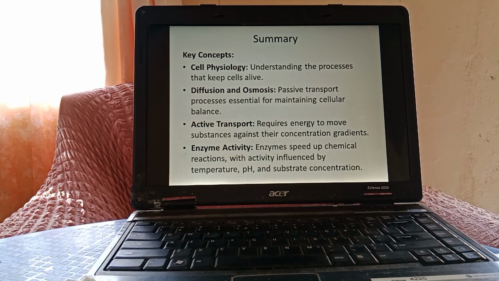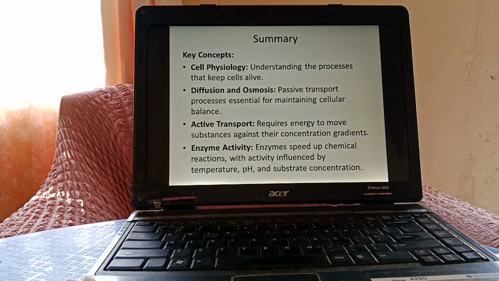Key concepts: cell physiology, understanding the processes that keep cells alive. Diffusion and osmosis, passive transport processes essential for maintaining cellular balance. Active transport requires energy to move substances against their concentration gradient.